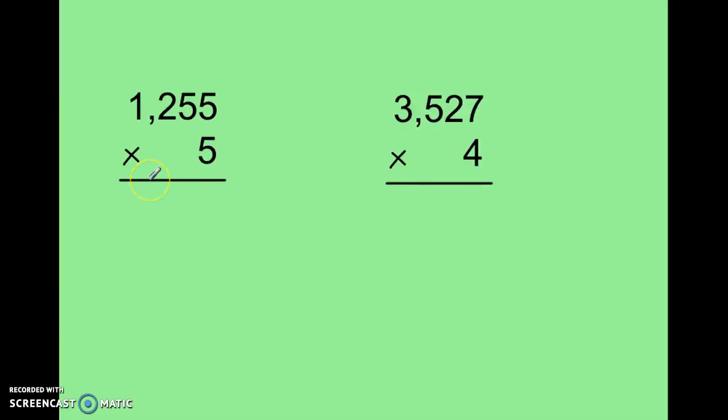All right, I'll let you give it a shot. Go ahead and work on 1,255 times 5. All right, 5 times 5 is 25. Put my 5 here. I carried your 2. 5 times 5 is still 25. 26, 27 with my 2 there.